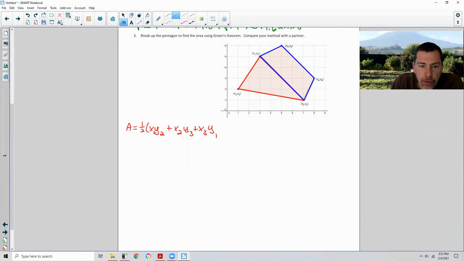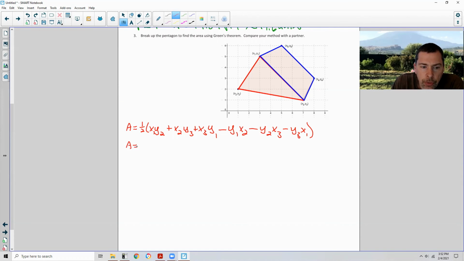Since we only have 3, it goes 1, 2, 3, 2, 3, 1. Okay, and then it's going to be minus y sub 1 x sub 2 minus y sub 2 x sub 3 minus y sub 3, and go back to x sub 1. So there is the area of the triangle.